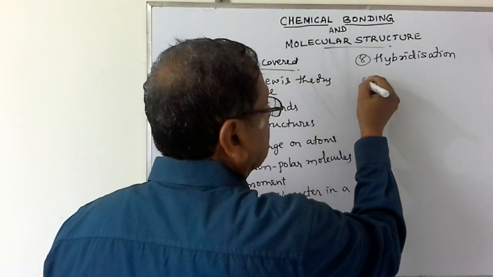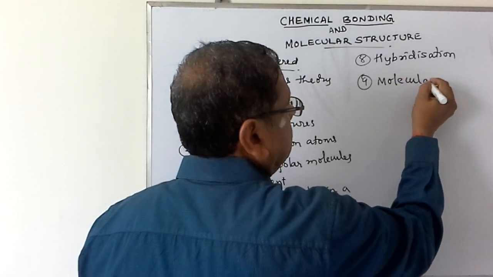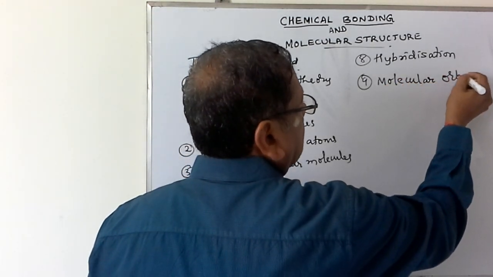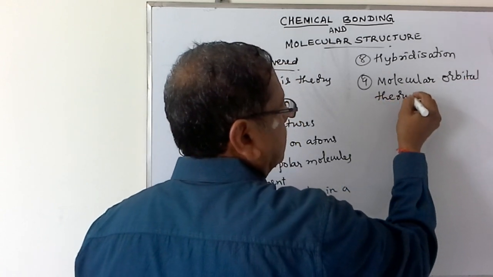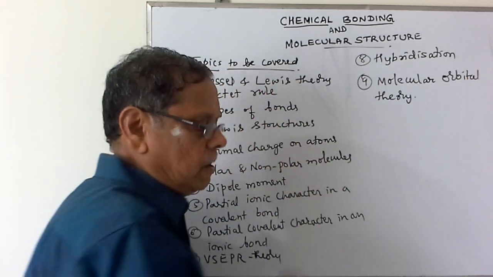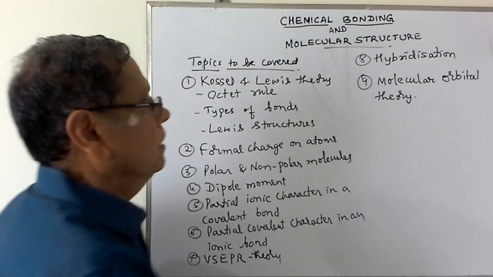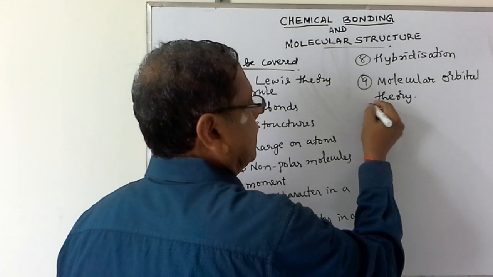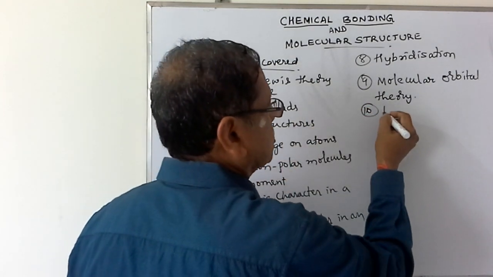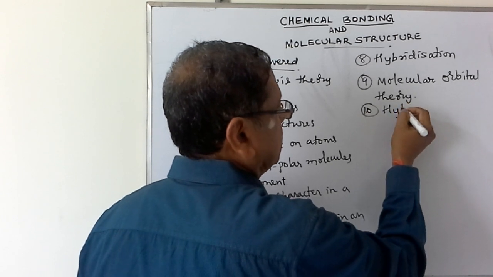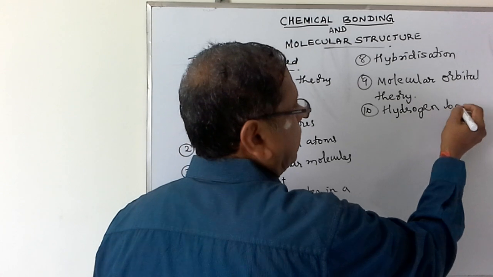Then we will go for the molecular orbital theory. So these are the various topics that we come across in this particular chapter, and under the topic of different types of bonds, we will consider a special type of bond, that is hydrogen bonding.